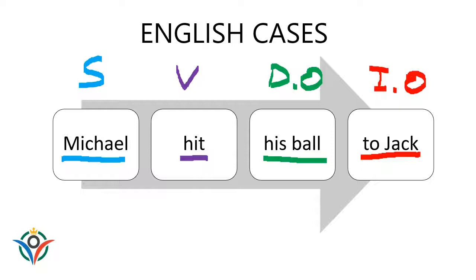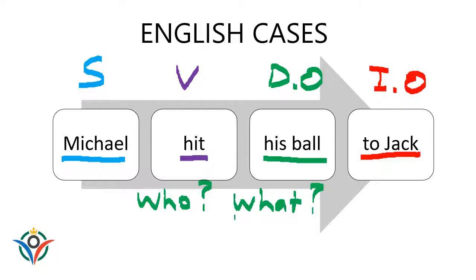So there needs to be a logical sequence to the order of the words, and that will then determine their function in the sentence. Just very quickly, to help you identify the direct object, you can ask yourself the question, who or what? Michael hit who or what?